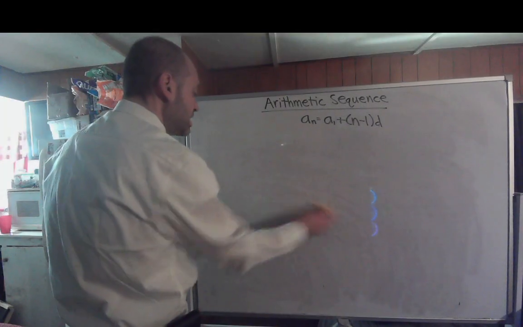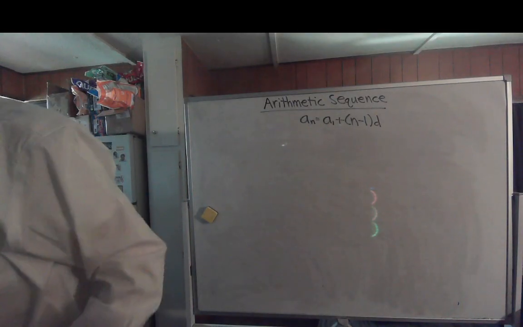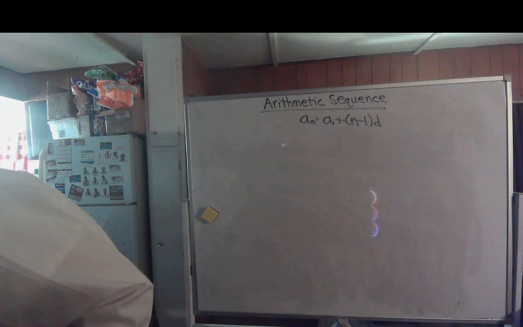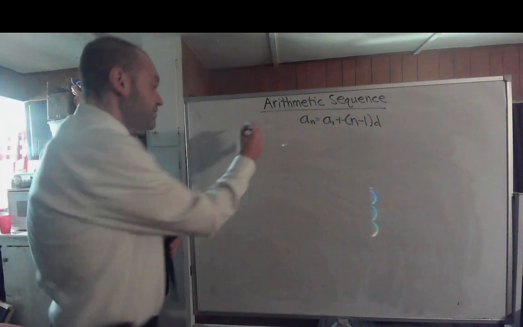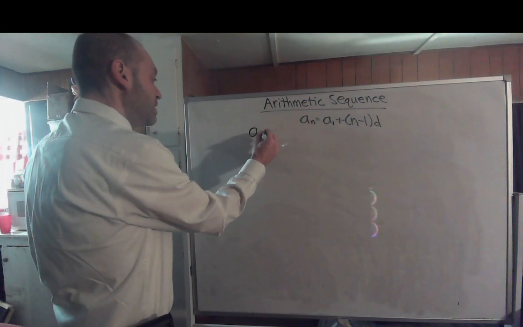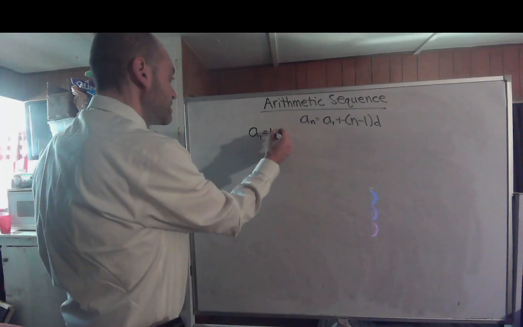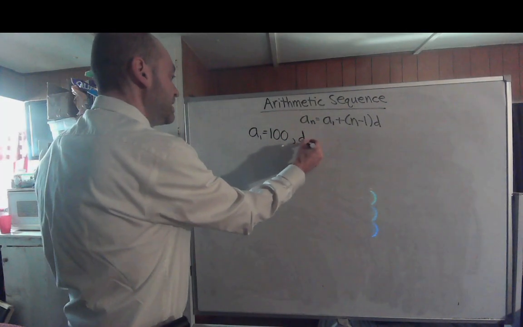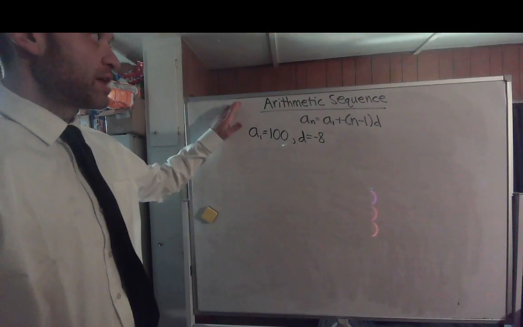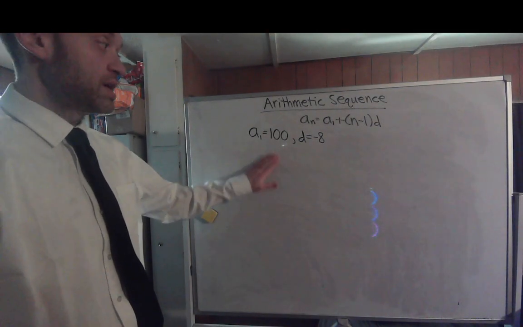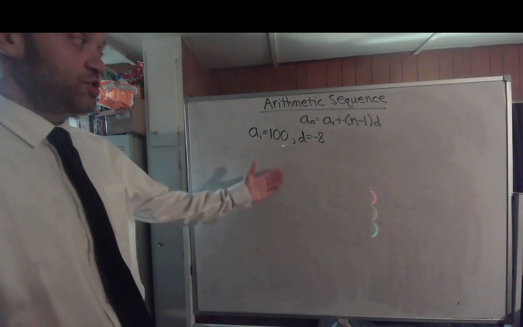Now, some of these we're about to do today won't be quite that simple, but there are ways to deal with it too. What if they gave you something like a sub 1 equals 100, d equals negative 8? So for this particular arithmetic sequence, the first term is 100 and the common difference is negative 8. Once again, they've practically handed you the answer.